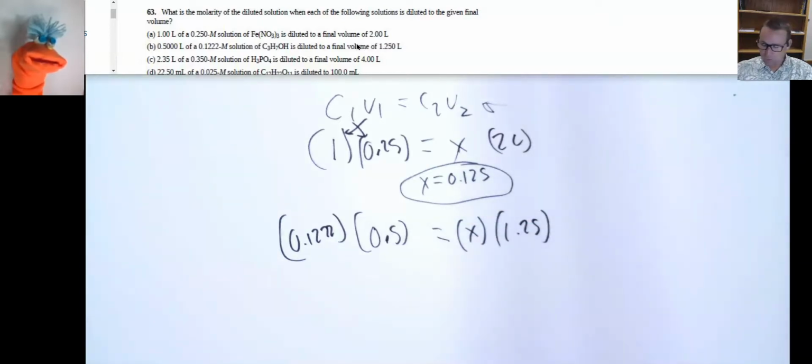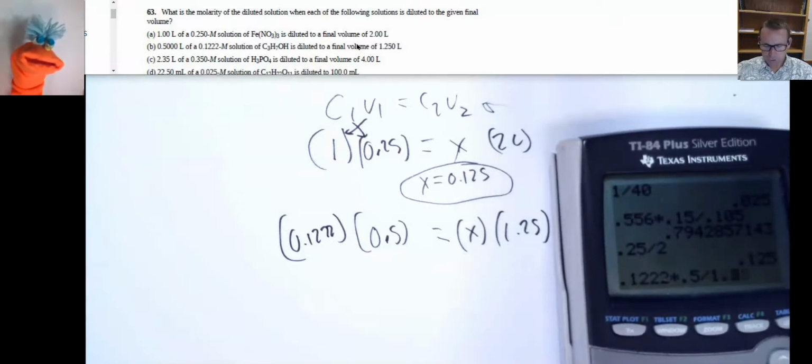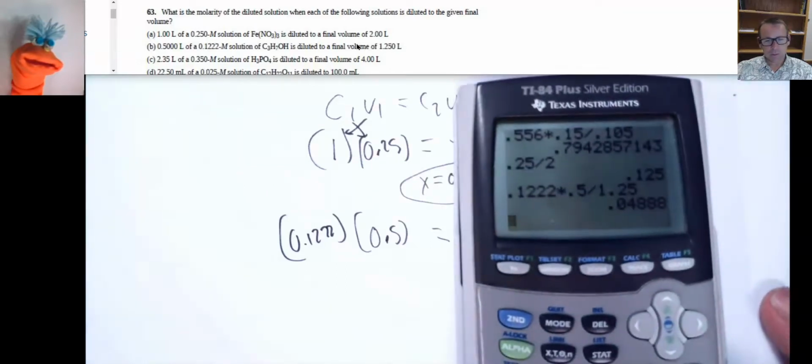Okay, so 0.1222, yeah, three twos, times 0.5 divided by 1.25. Okay, so 0.048889 will be our new concentration.